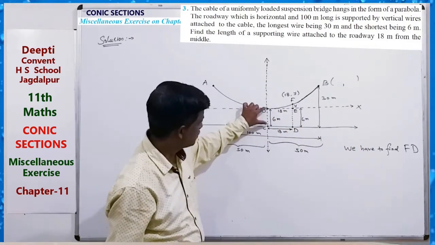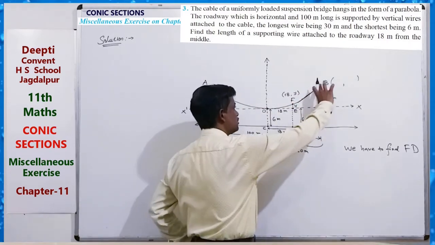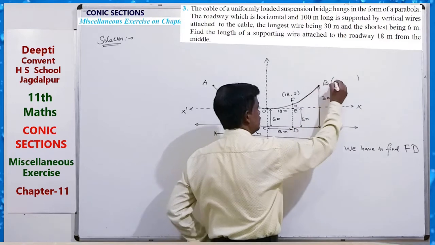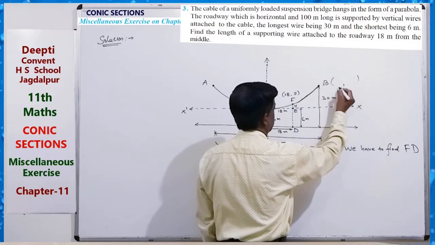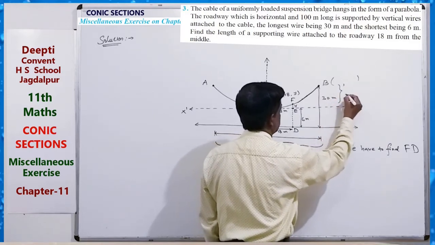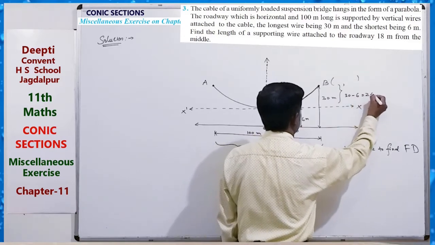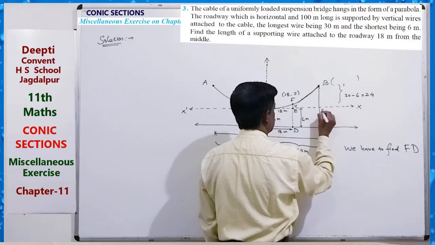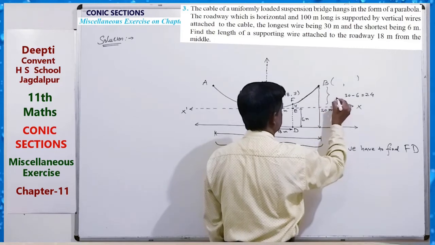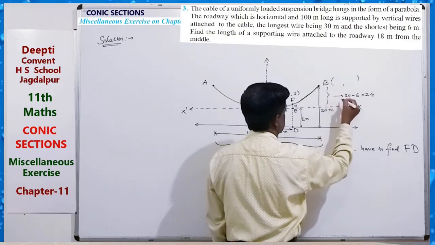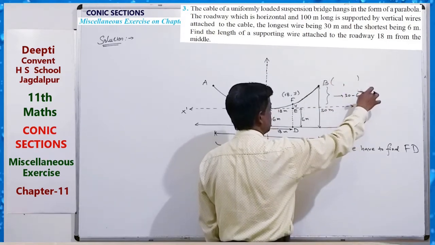Before that, this is 30, but this is 6. This is the origin. So this distance will be 30 minus 6 equals 24.